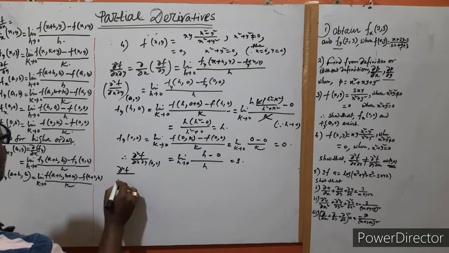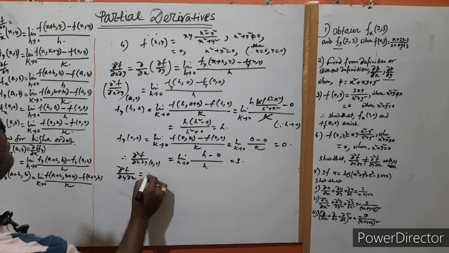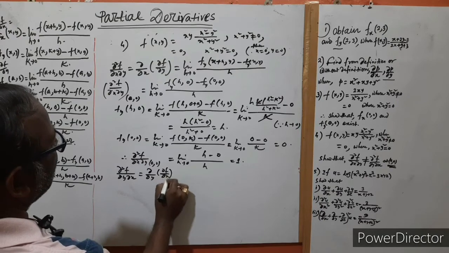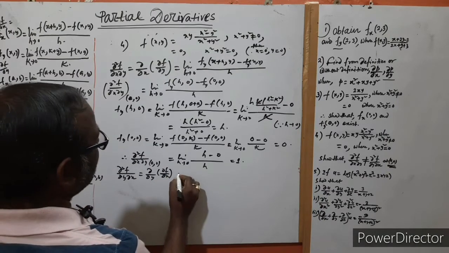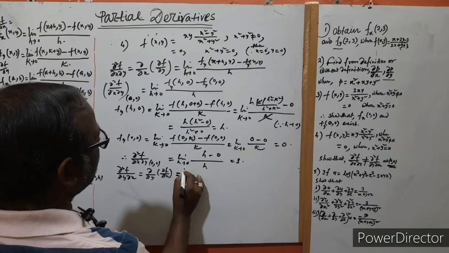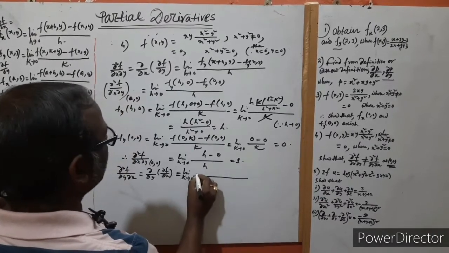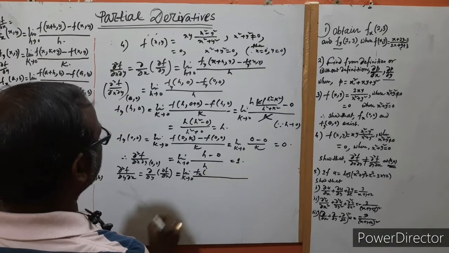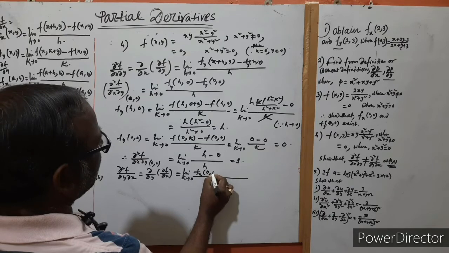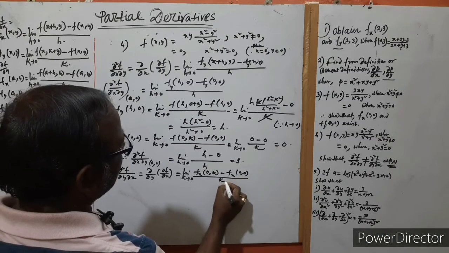Del 2f del y del x is equal to limit k tends to 0, f suffix x of (0, k) minus f suffix x of (0, 0) by k.